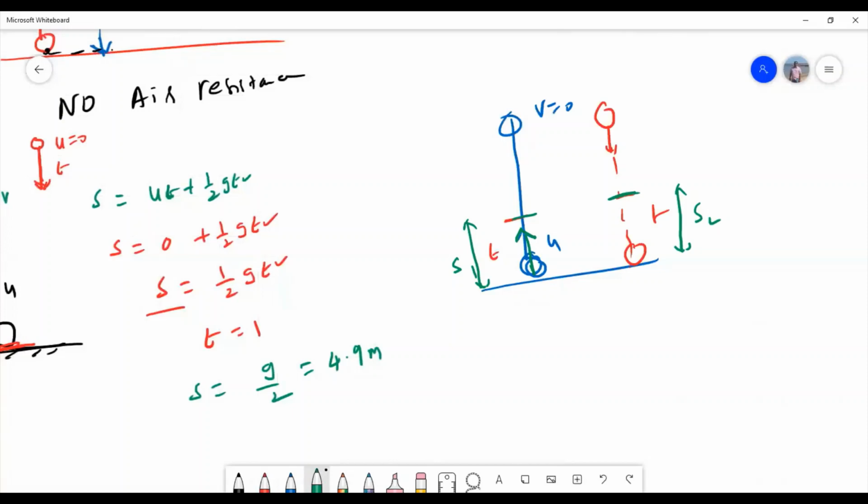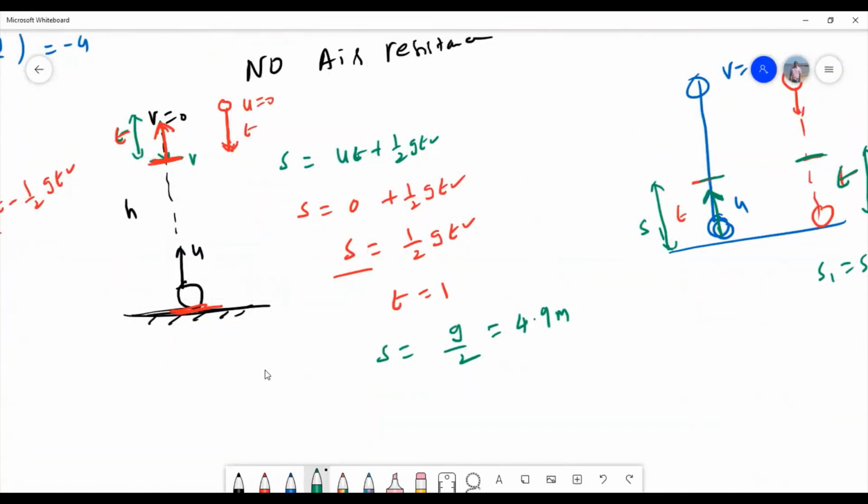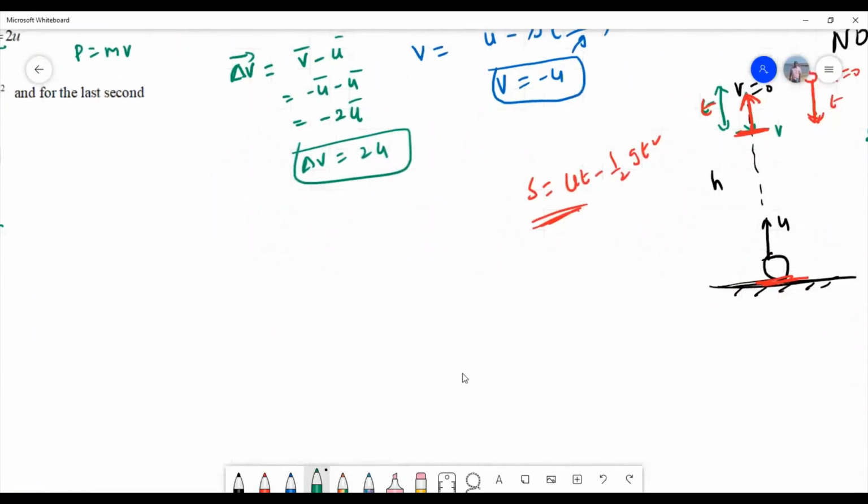So we can simply say S1 is equal to S2. These are very important points you should remember while solving problems.